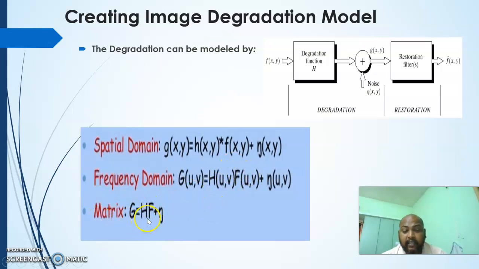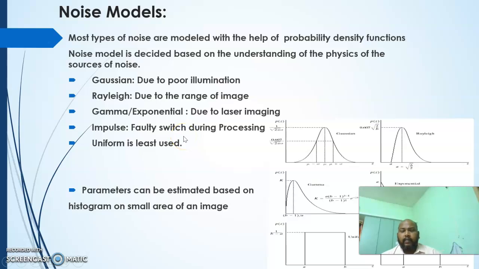If you want, you can also express it in matrix form. Earlier, noise models were there with corresponding mathematical formulations, and the degradations in an image can also be referred to with noise models.